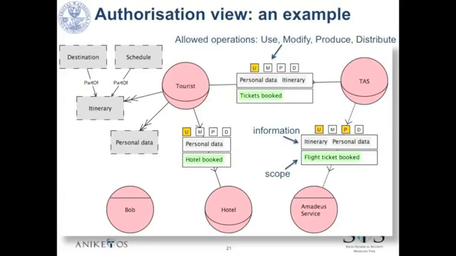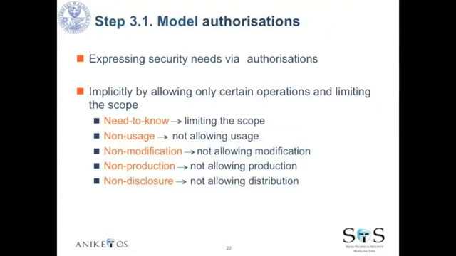Okay, when we have modeled the authorizations and have specified what we expect the other party to comply with in respect to how the information is to be manipulated, in a way we are expressing certain security needs of how we expect our information to be used, modified, produced, or distributed.